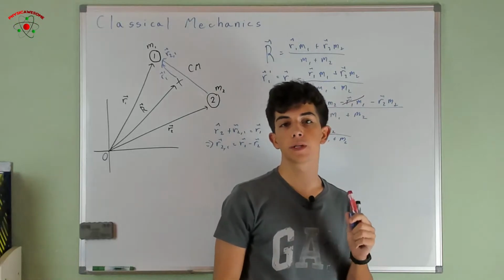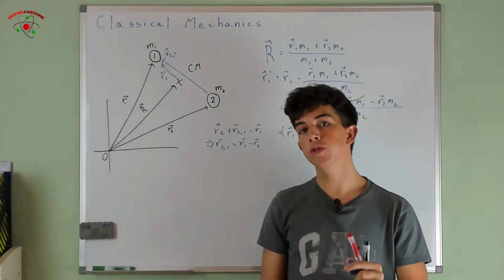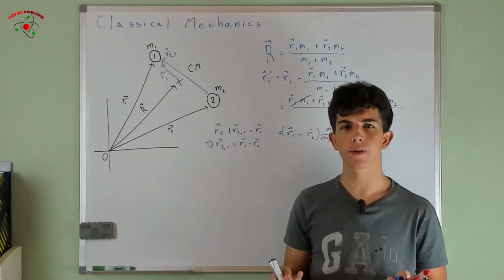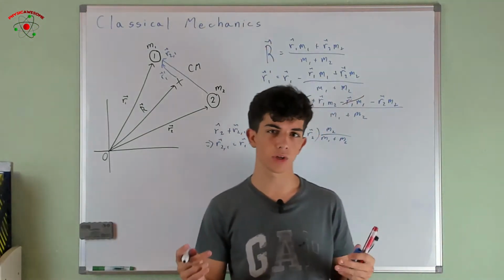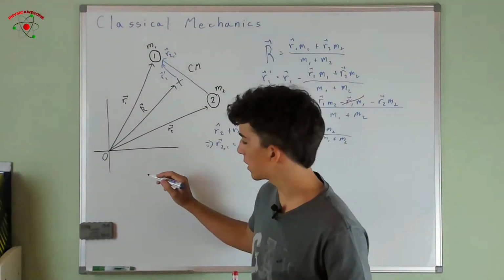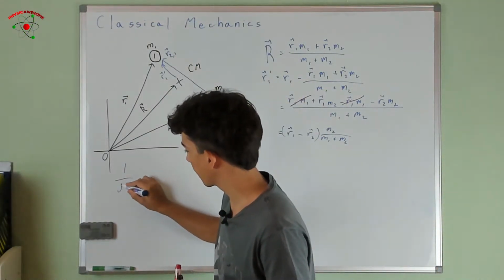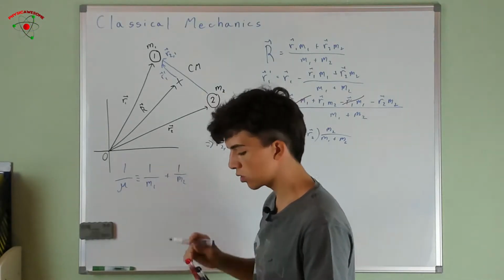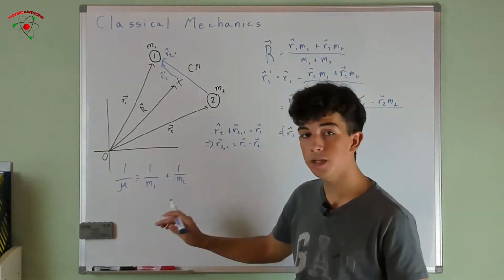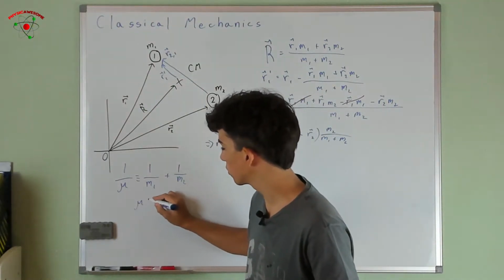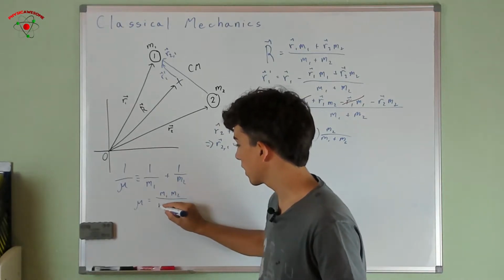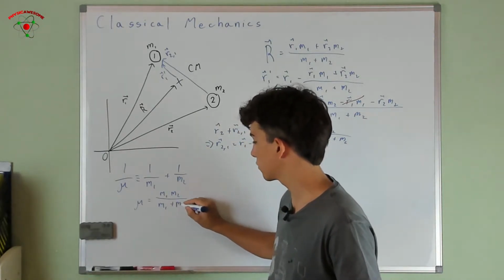Now we're going to define a special quantity that is called the reduced mass, and it's pretty useful in doing simplifications in this type of situation in which we have two objects. So this reduced mass is going to be defined this way. If we operate this quantity, we find it to be equal to M1 M2 divided by M1 plus M2.